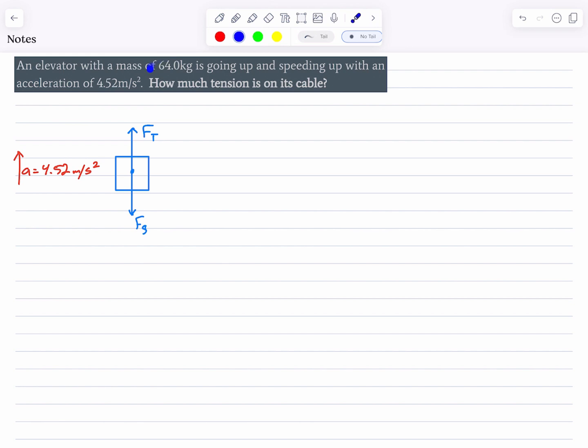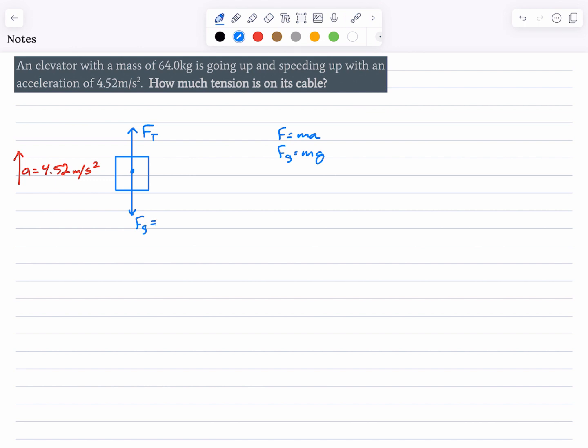We are also given a mass of the elevator, but we want the force of gravity, or the weight of the elevator, and we can use this mass to calculate that. Using a variation of Newton's second law, we know F equals ma. Well, force of gravity is equal to the mass of the object times gravitational acceleration, which is 9.8 meters per second squared.